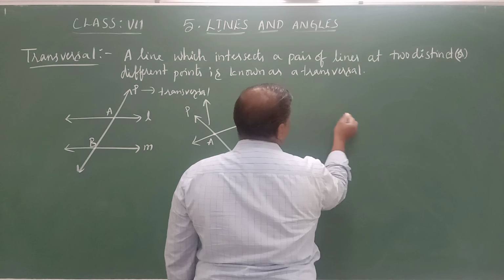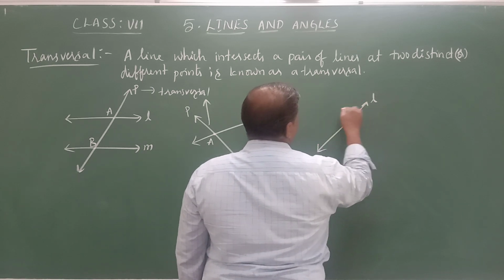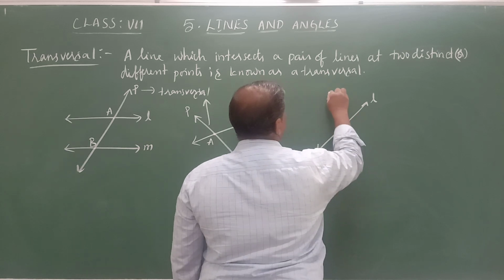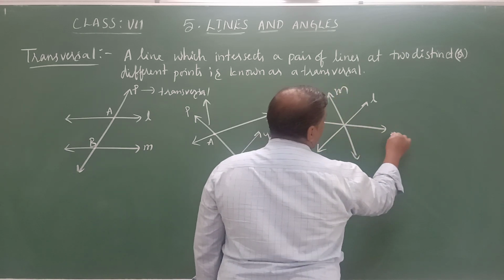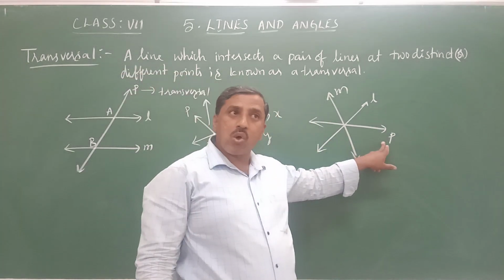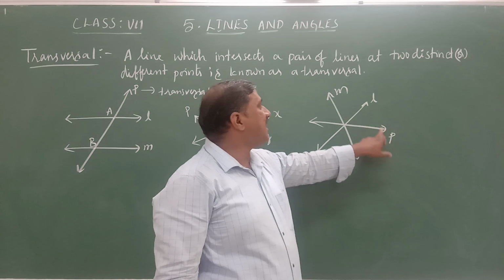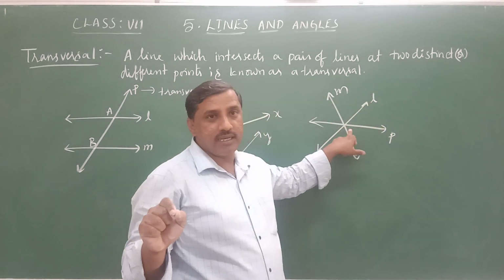Let this be one line L, this another line M, and this the line P. Can we call P a transversal? No. Why? Because P is intersecting the lines L and M at only one point.